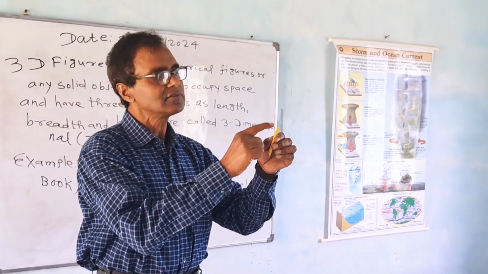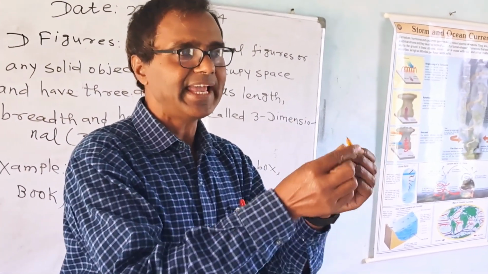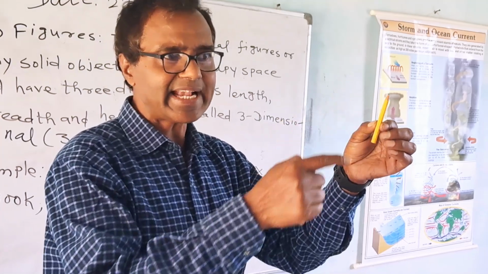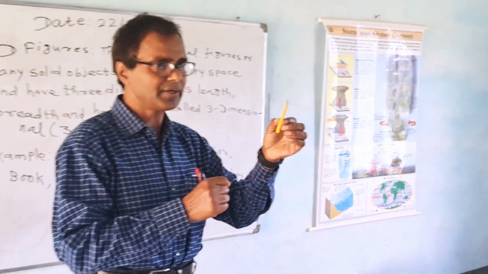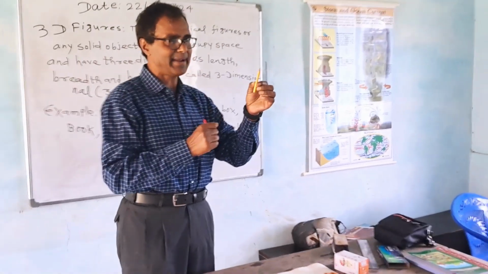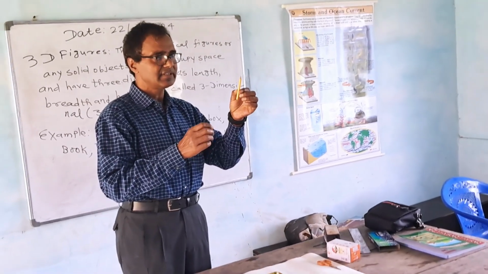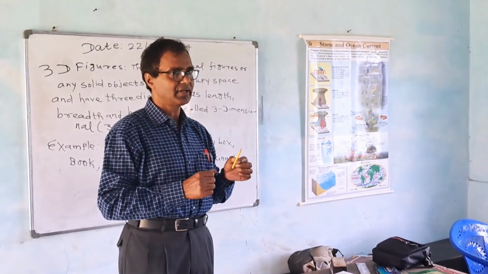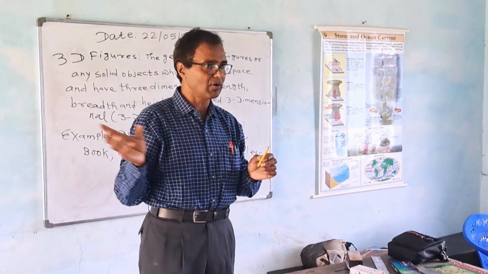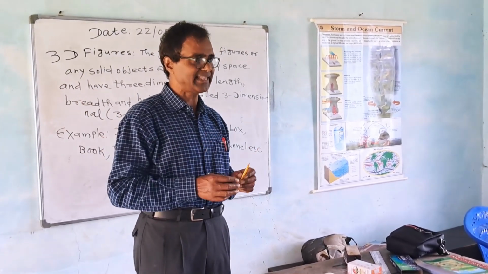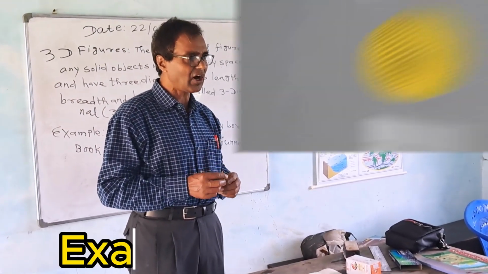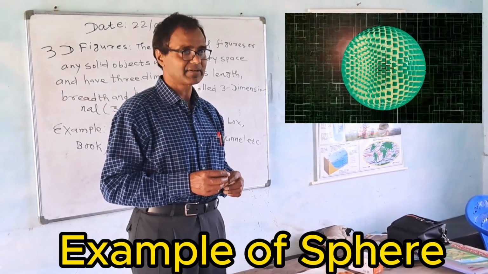So this is an example of a cone. Like an ice cream cone, a joker's cap. These are examples of a cone. And the balls you play with, football, volleyball, these are examples of a sphere.